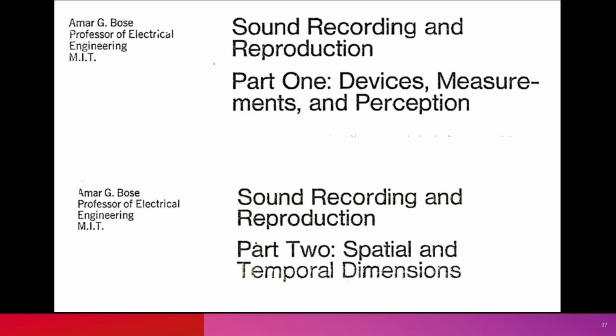This is the 1968 paper that Bose wrote to explain all about the reverberant field, the direct field, what it is that we hear when we go to a concert, the whole deal. This is the two papers that were published as one in around 1973 that attempt to explain the development of the 901.